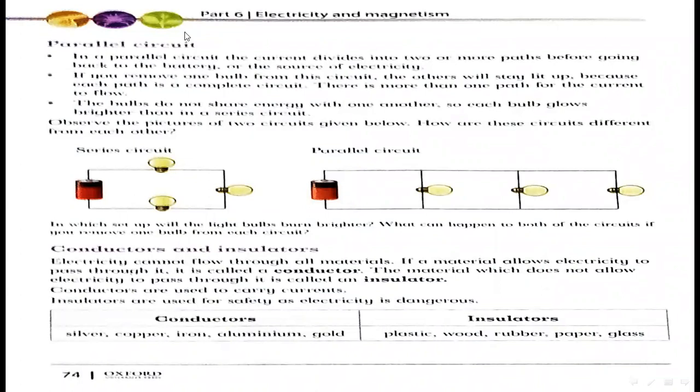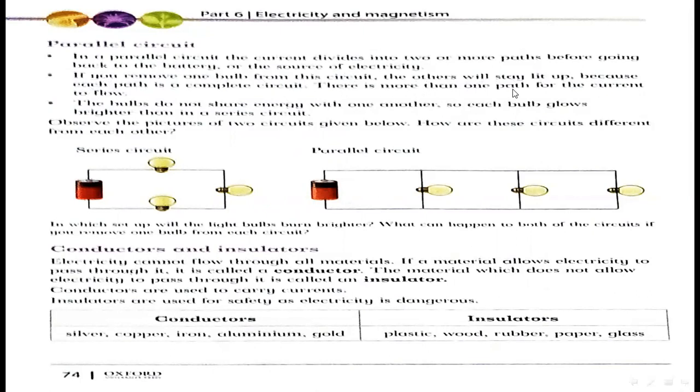Next is parallel circuit. In a parallel circuit, the current divides into two or more paths before going back to the battery or the source of electricity. If you remove one bulb from this circuit, the other will stay lit because each path is a complete circuit.